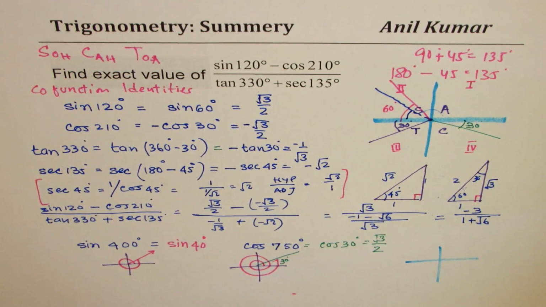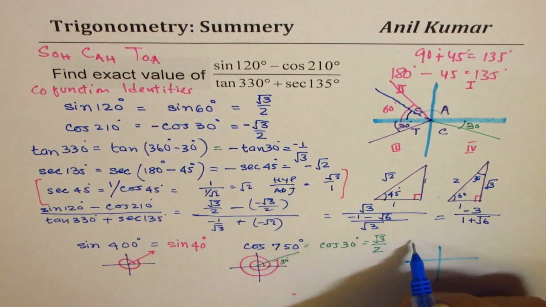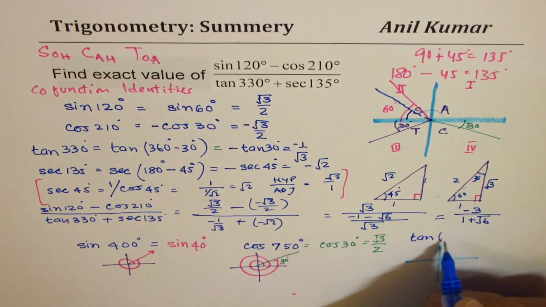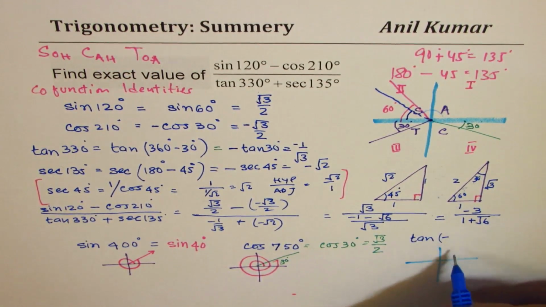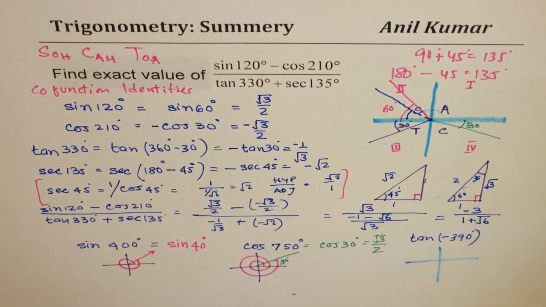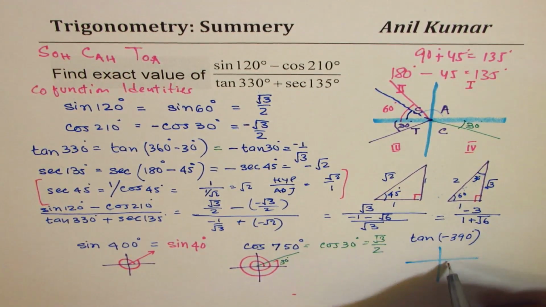Now, sometimes we could have negative angles also. So let's say tan of minus, so I put that negative angle. Is that okay? So when I say tan of minus, and let me write down the angle as 360 plus 30, which is 390. Let's say 390 degrees minus, right? So that means we'll go clockwise.